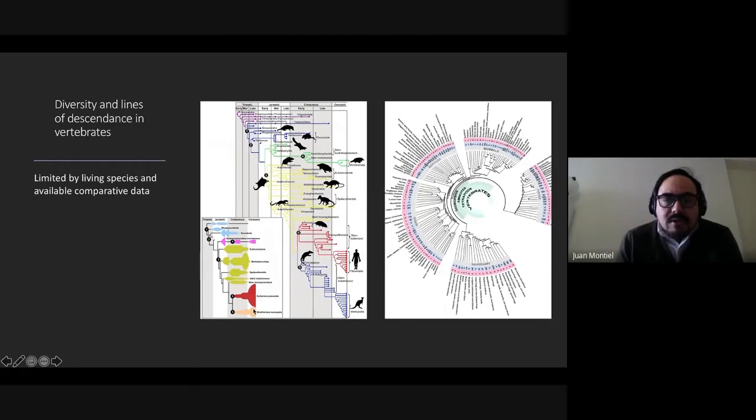So when we want to know which structures are homologous or non-homologous, we have to work with comparison between living species. This is also because the brain is a soft tissue and it's not fossilized, so we can't have much more information about the inner structure of the brain. Also, we are limited by available data.